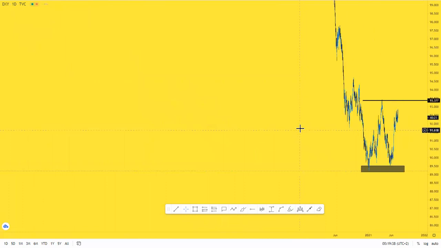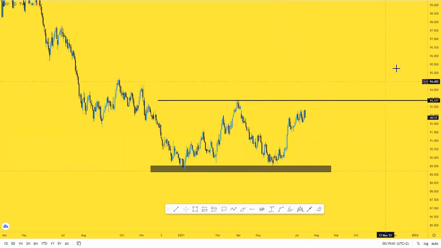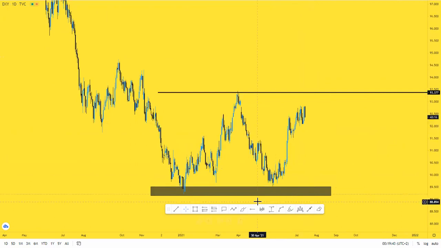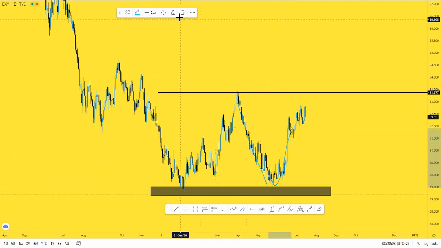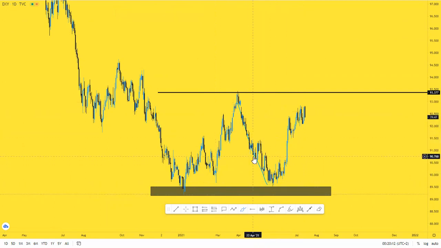On the daily, it is also important to identify the direction of the market, the long-term direction. The swingers look at the daily most of the time. So I can immediately see that the market made a push to the downside. From here, at the area of significance, it reversed. So I can see that now we are in an uptrend. So in this market, we are looking for buys.